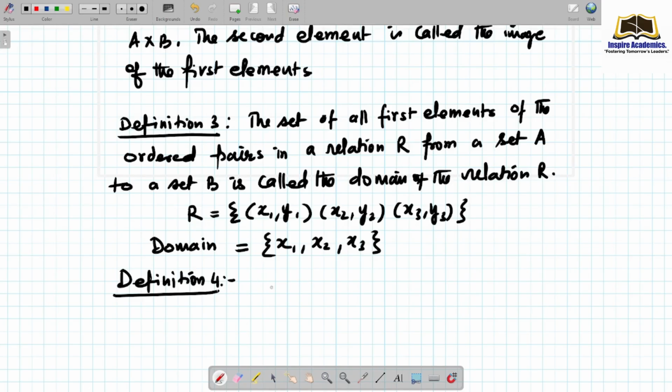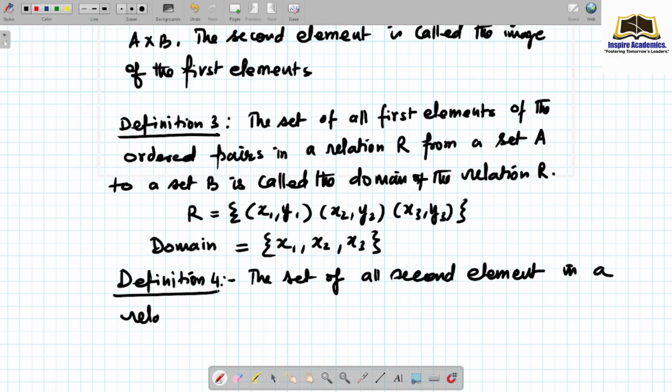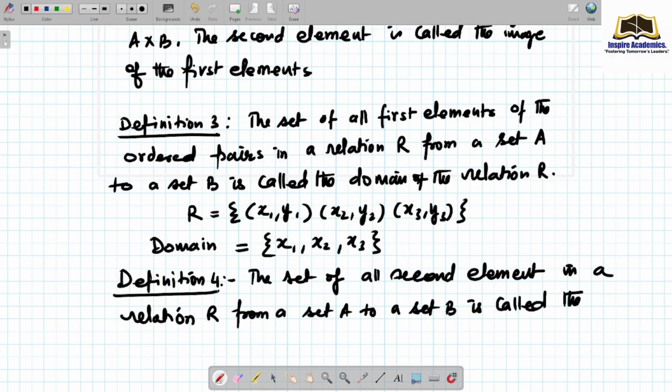The set of all second elements in a relation R from a set A to a set B is called the range of the relation R.